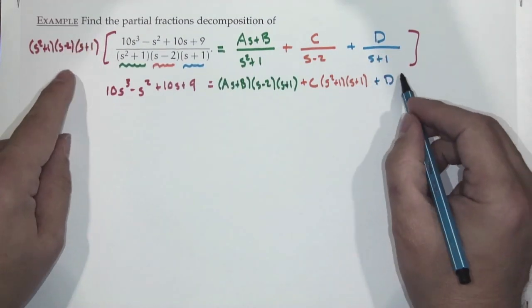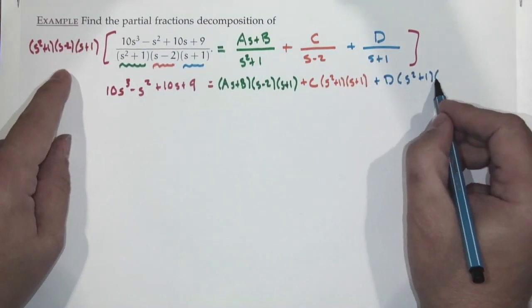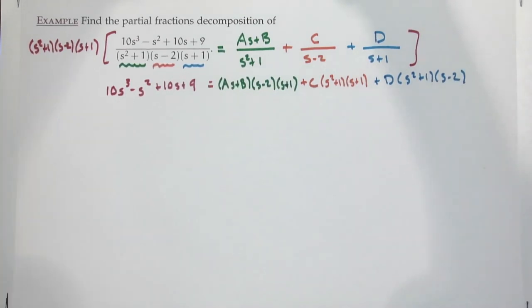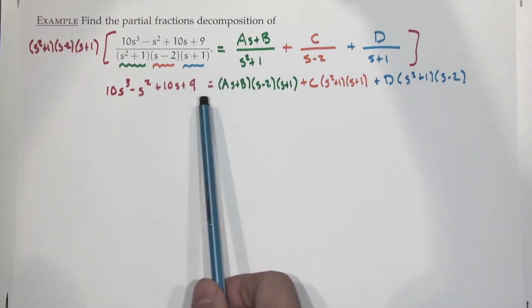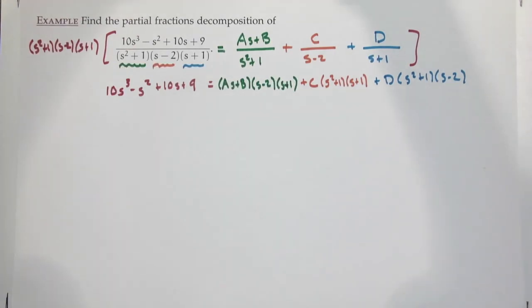So we're left with the s squared plus 1, s minus 2. Okay, so there we have our wonderful expression. Polynomial on the left, polynomial on the right. Now we start chipping away. We've got to figure out four things. What are A, B, C, and D?